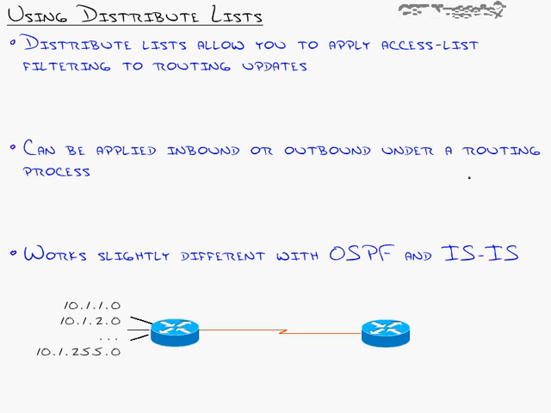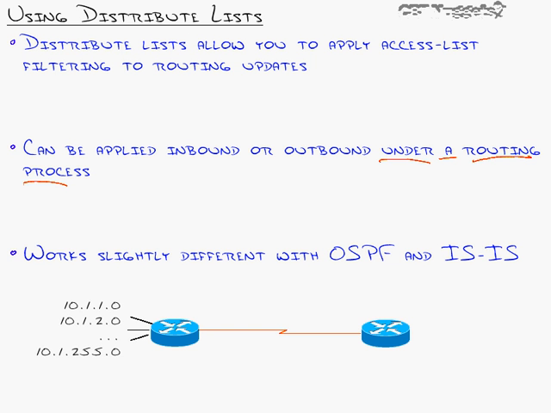Now, these distribute lists can be applied inbound or outbound under a routing process. I want to make sure I emphasize these four words: under a routing process. The reason is that I just said it's going to check it when it goes out the interface. Well, that's true, but the filter isn't applied to the interface. It's applied under a routing process.